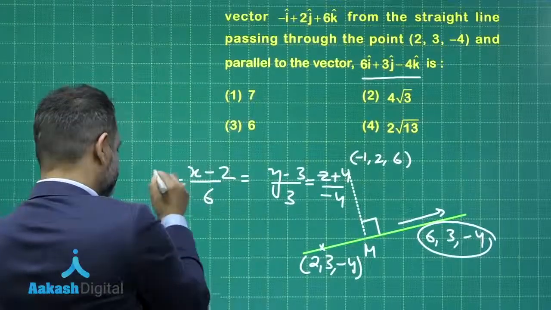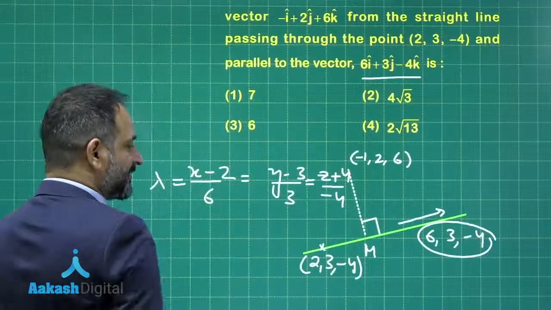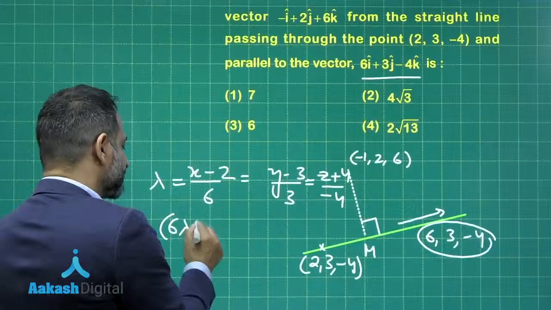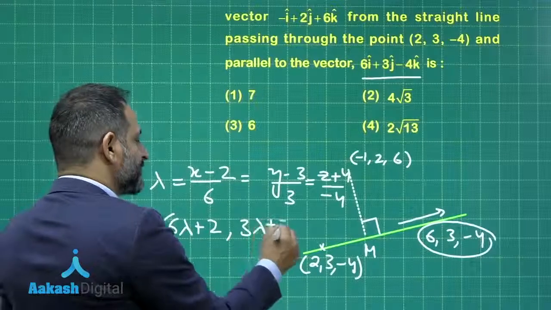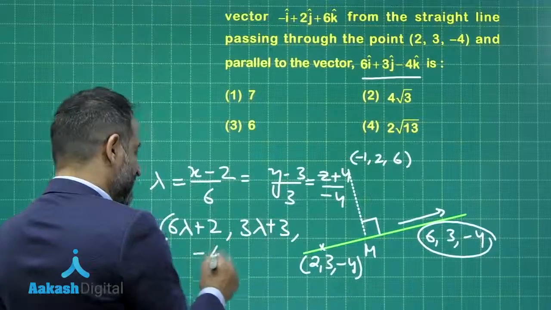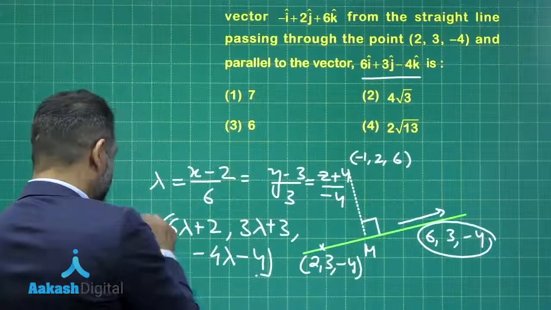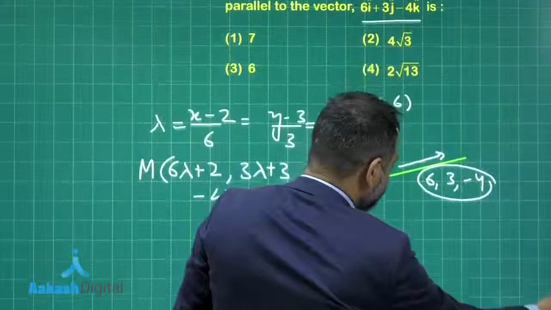So, assuming lambda here, any point M on this line can be treated as 6 lambda plus 2, 3 lambda plus 3 and minus 4 lambda minus 4. So, this is the point M for us. Now, let us see how to get this lambda first.